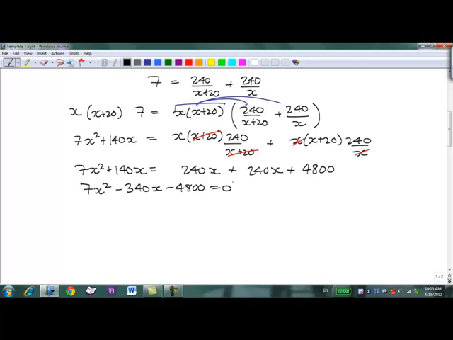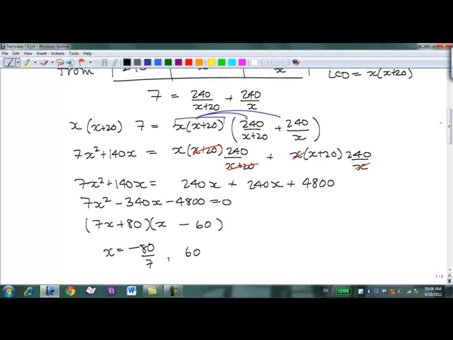You can run this through the quadratic formula. This does factor though. It factors into 7x, x, let's throw a 60 there, and a plus 80 there, and we get solutions of negative 80 over 7 and 60.